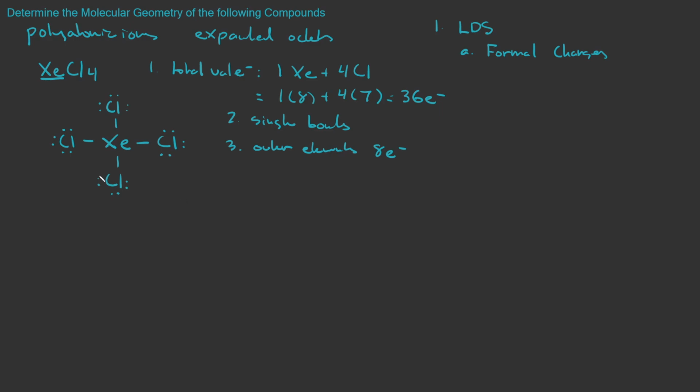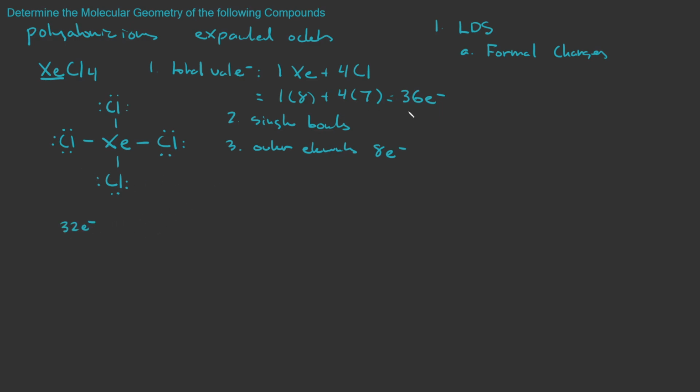Right, so I'll redraw this one. And then we count how many electrons we have so far in our drawing. So right now we have 1, 2, 3, 4 pairs or 8 electrons attached to our chlorine. And if we have 4 chlorines, that is a total of 32 electrons right now. So this drawing has 32 electrons.